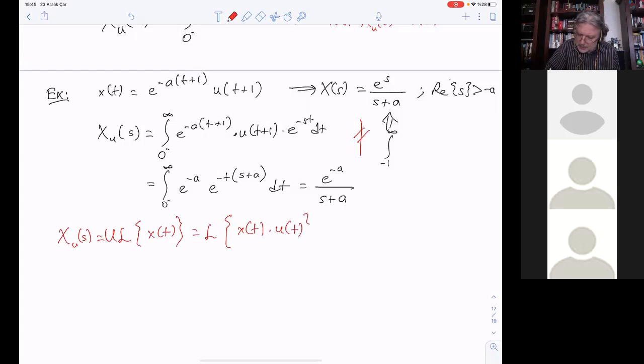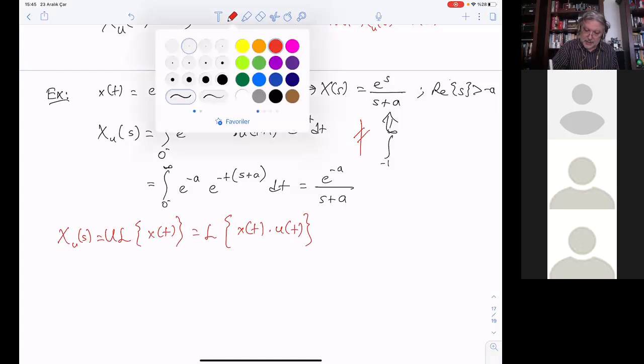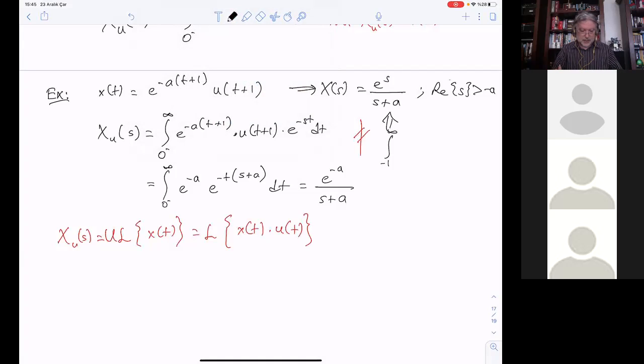So I limit my signal by force multiplying with u(t), and then afterwards I take the Laplace transform of it. It becomes the unilateral Laplace transform. It always starts from 0 and goes to the right-hand side.